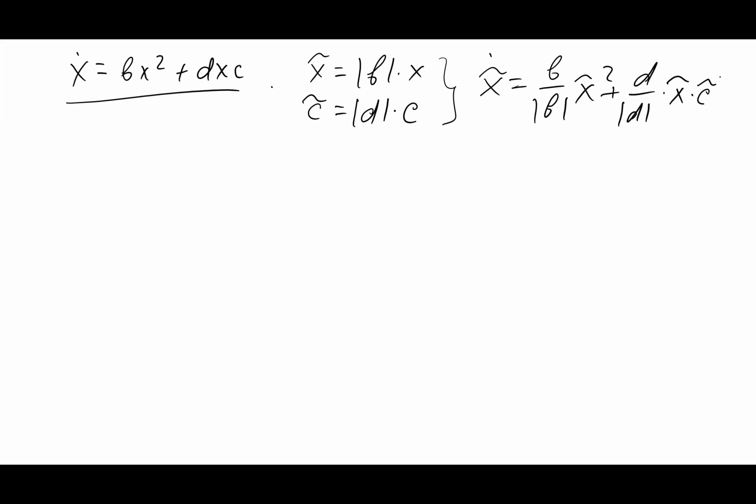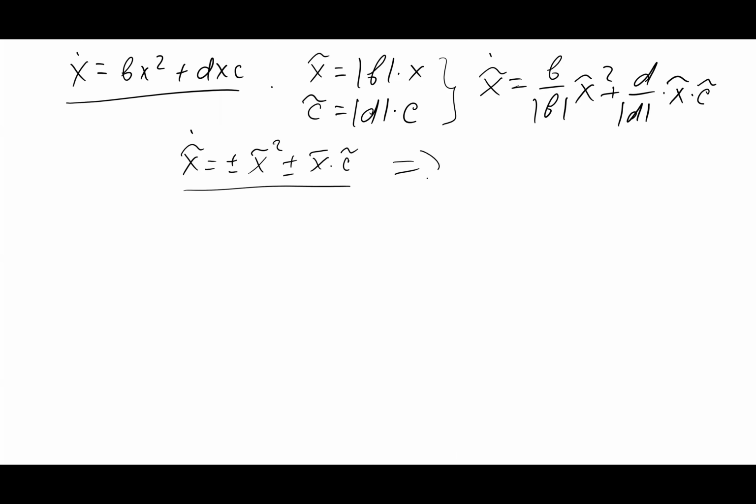Therefore, we will have x tilde dot equals to plus minus x tilde squared plus minus x tilde c tilde.